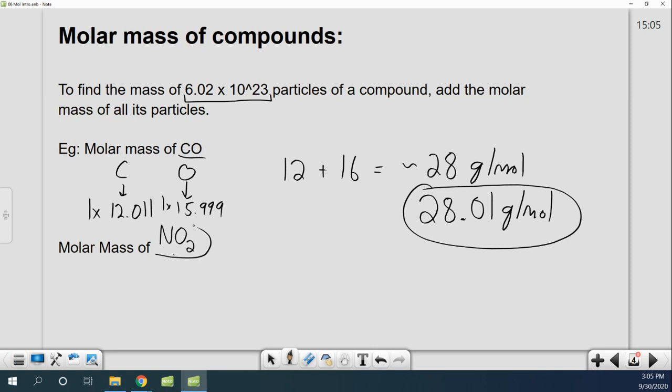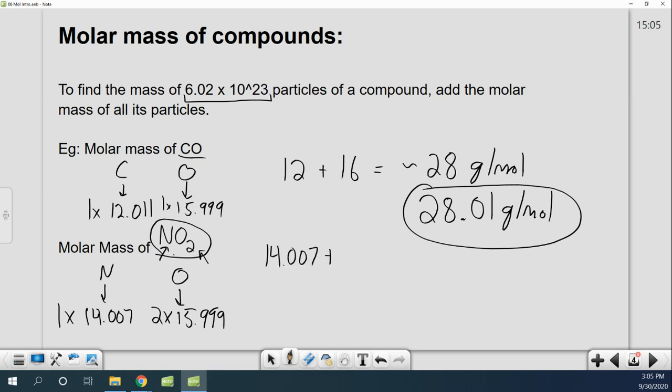Let's try nitrogen dioxide. Nitrogen weighs 14.007. Oxygen weighs 15.999. Cool. I have 1 nitrogen. I have 2 oxygens. So I've got 14.007 plus 15.999 times 2, which gives me 31.998.